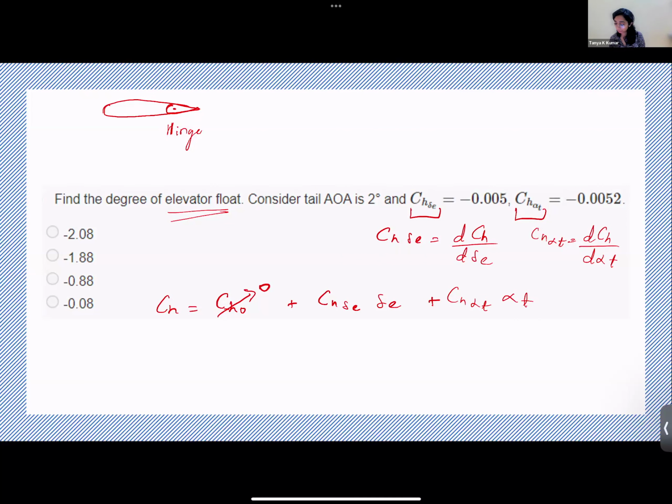That means your hinge moment becomes 0, right? So it will be 0 equals CH delta E into delta E float plus CH alpha tail into alpha tail. So can you tell me what delta E float is from this equation? You have all the data, you just have to find out delta E float.